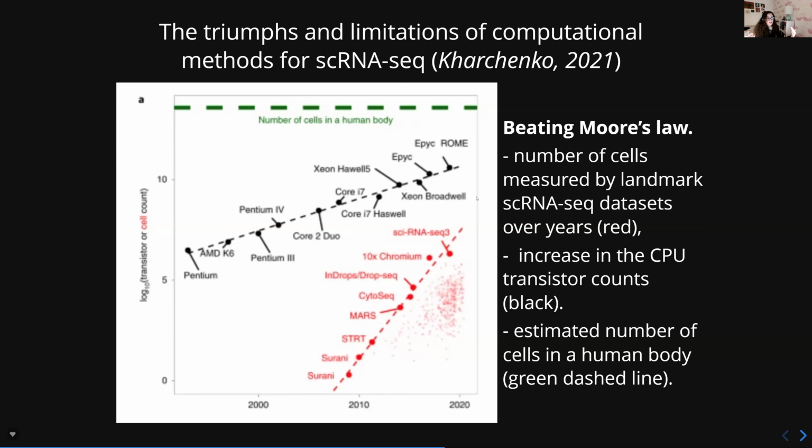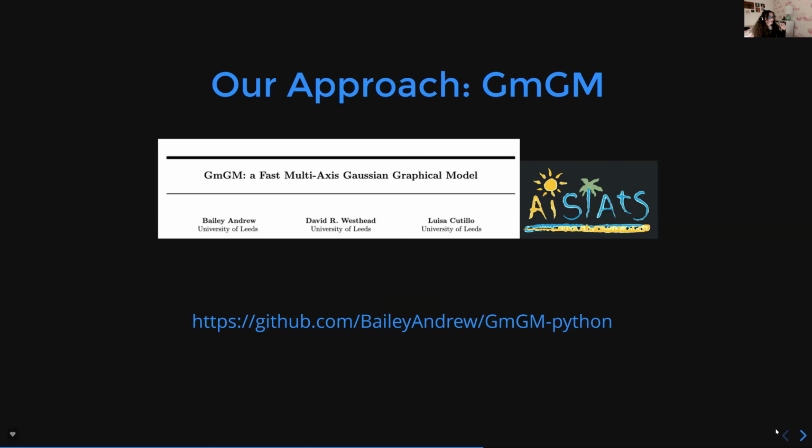And we need to be able to handle that. So do we need to scale to millions of samples? The answer is yes. I hope I convinced you with those reasonings. That's why we try to have another step up in computational time and memory.